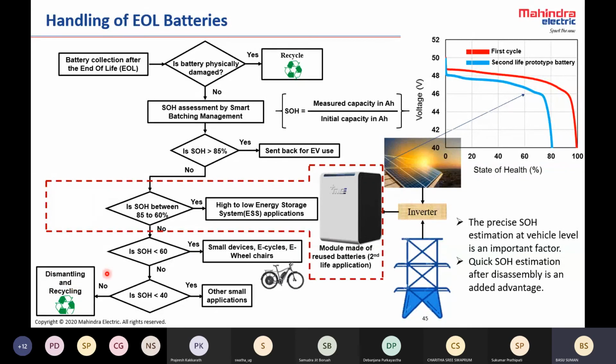And if there is nothing left, it will be sent for recycling, from which a new battery will be made. So there are chemical processes available which claim to reclaim almost 90% of the total available metal. That way, our lithium cycle will be completed.